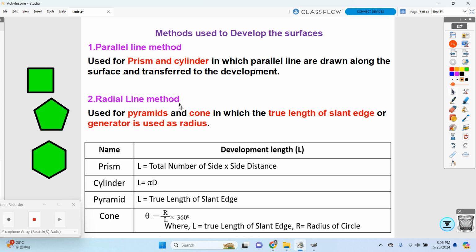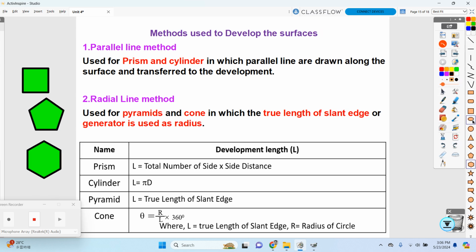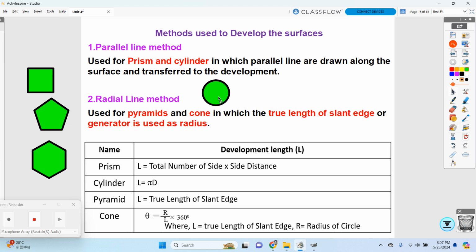But the cone has only one classification, that is circle type. So for the parallel line method, prism means the top and bottom may be a square, a pentagon or a hexagon, and a cylinder has a circular top and bottom. For the radial line method, the pyramid may be square, pentagonal or hexagonal, but for the cone the base is a circle.